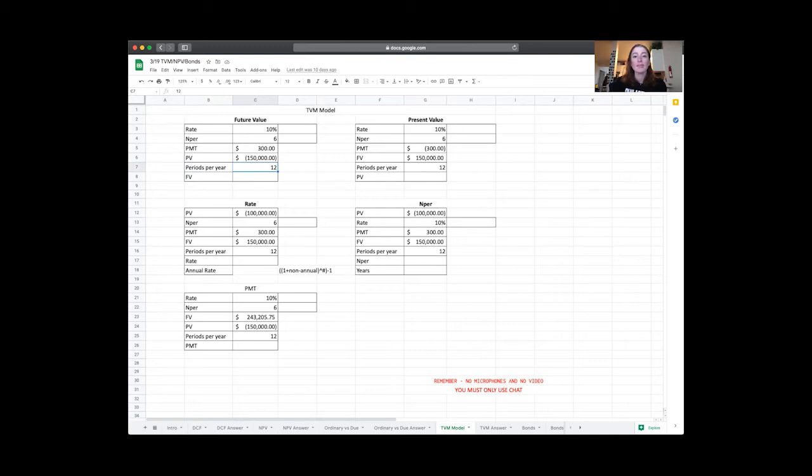So yes, monthly. If you see 12 periods per year, that means monthly. So for rate and your N per, you must make adjustments. If this is 6 years, you must make adjustments to make it monthly, and you also must make adjustments here.